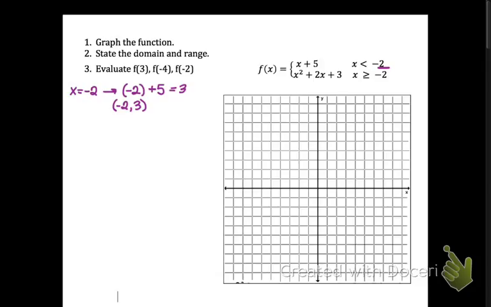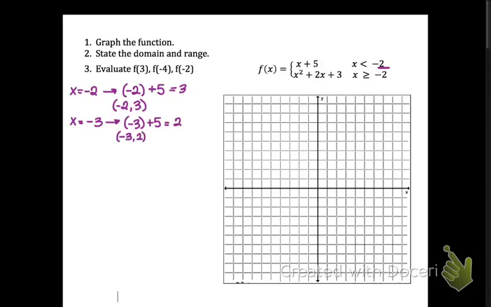Now, because this piece is for x values less than negative 2, I'm going to pick one or two more that are less than negative 2. Negative 3 is less than negative 2. If I do negative 3 plus 5, I get 2. So now I have the point negative 3, positive 2.